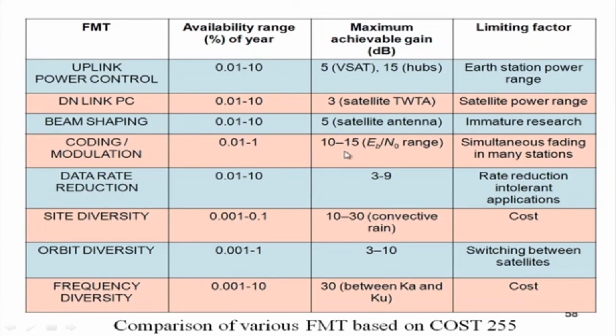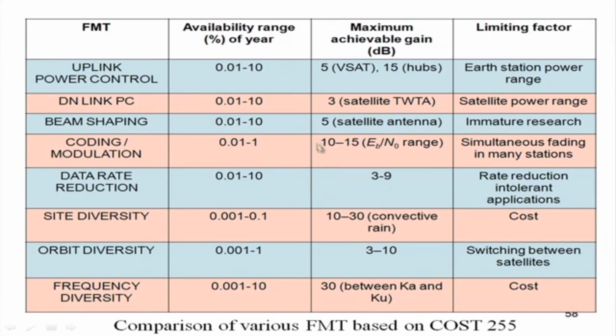In both cases you have a disadvantage in bandwidth, but power-wise you gain almost 10 to 15 dB of power advantage to maintain the same BER or symbol error rate.